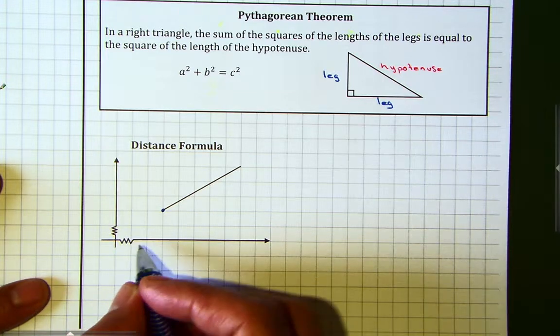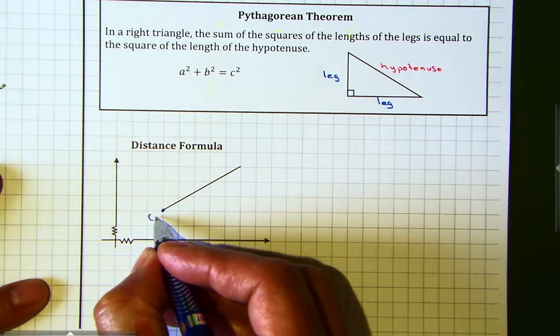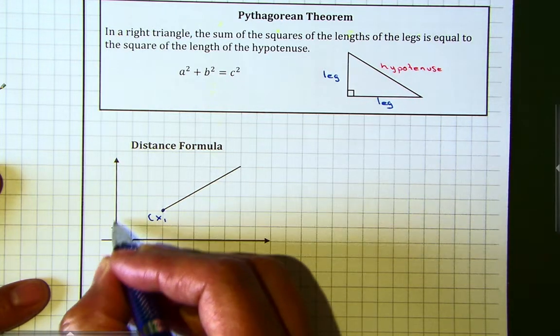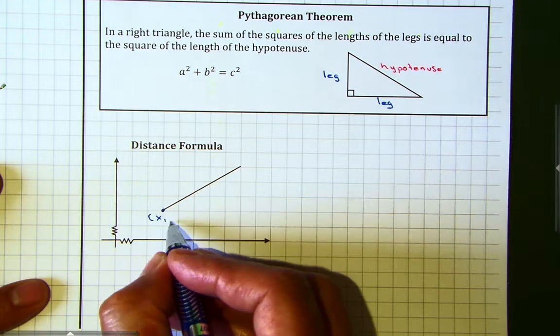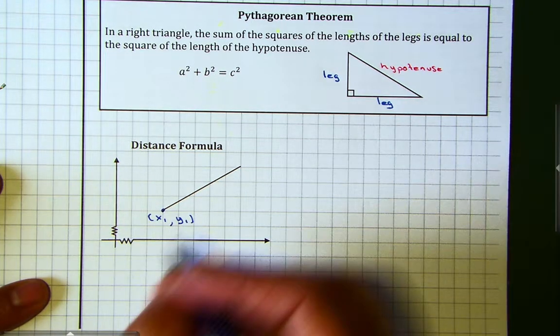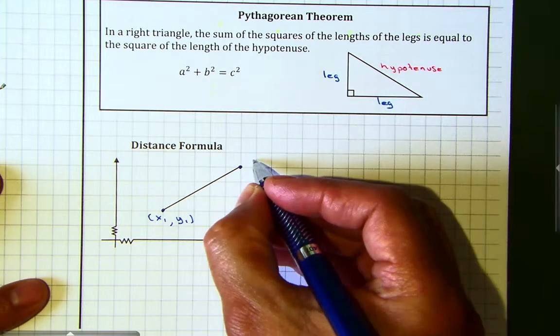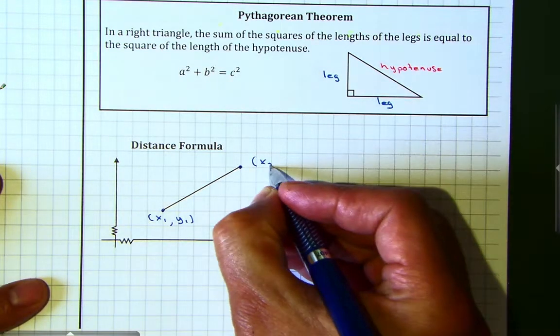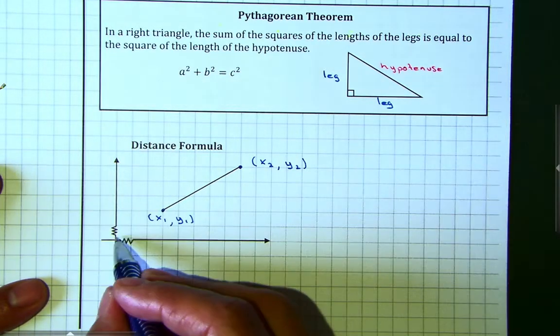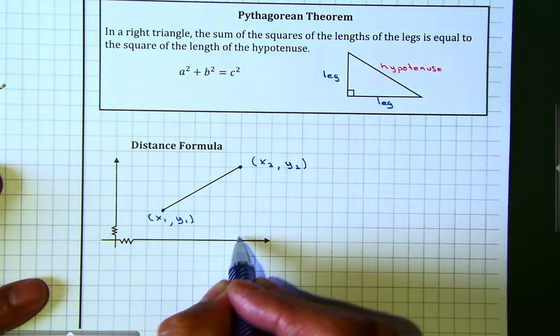So therefore we're going to label this as x1. And same thing happens on the y-axis. We're not too sure what this point is. It's going to be y1. It's going to be the first point. This will be x2 and y2. It doesn't necessarily need to be a specific amount. It's just a location.